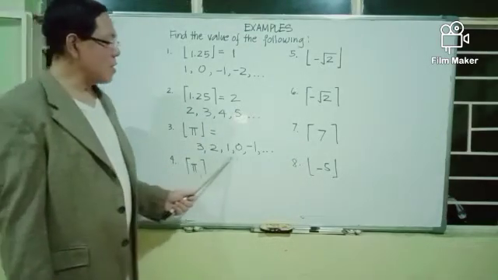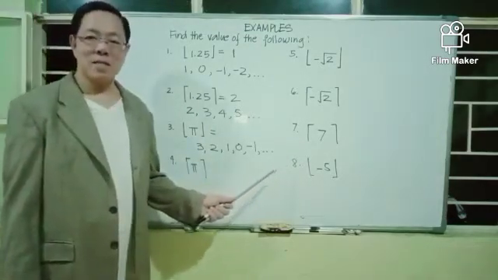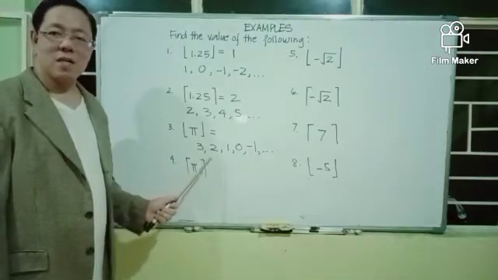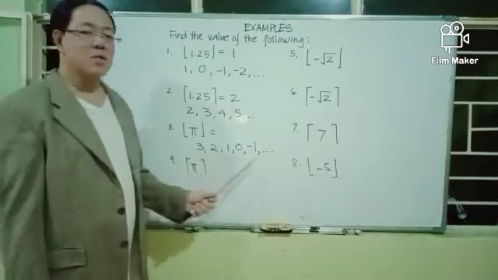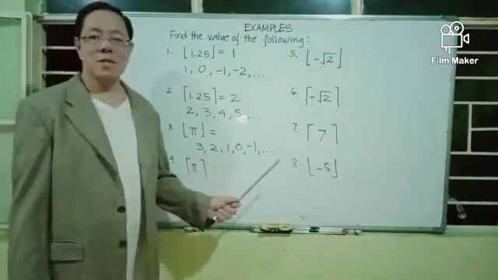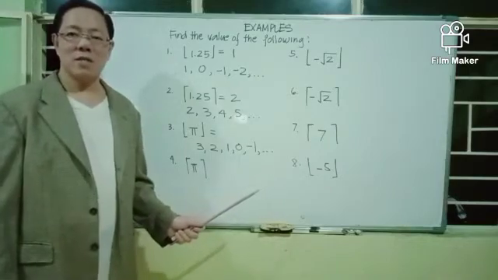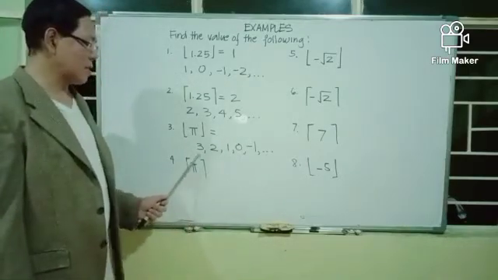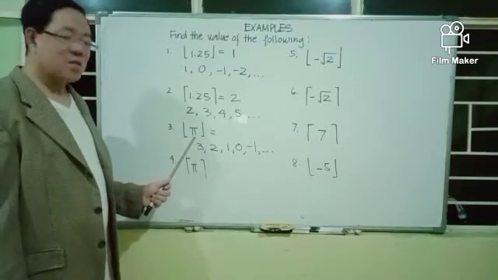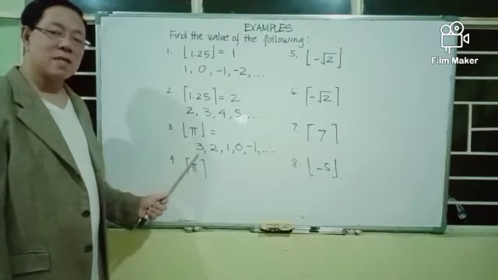There is no integer that is exactly equal to pi. All these integers are less than pi, but among them, the largest or the greatest is 3. Thus, the floor of the irrational number pi is 3.